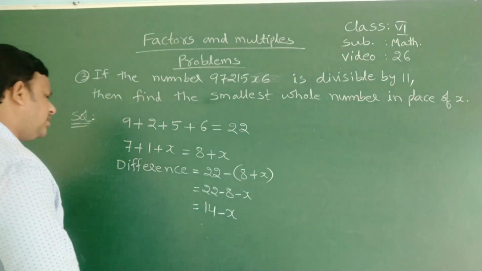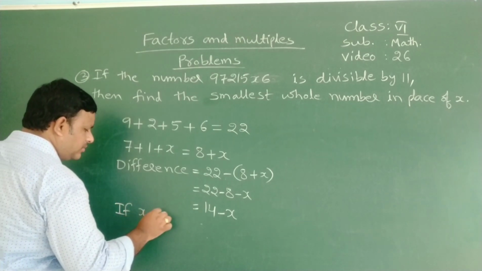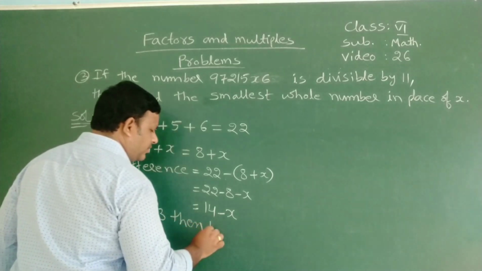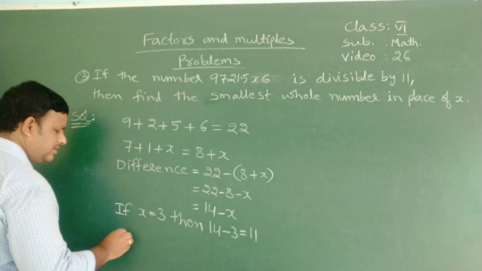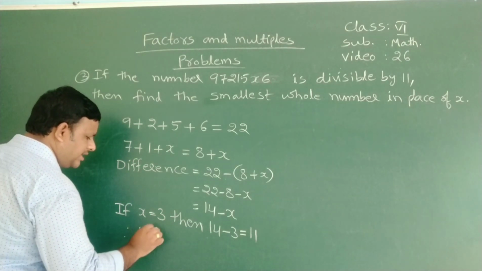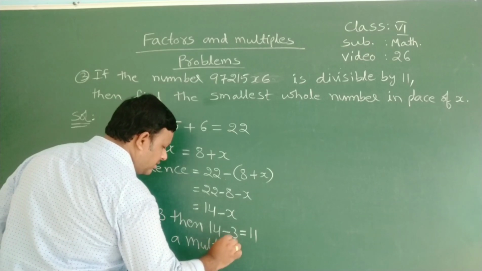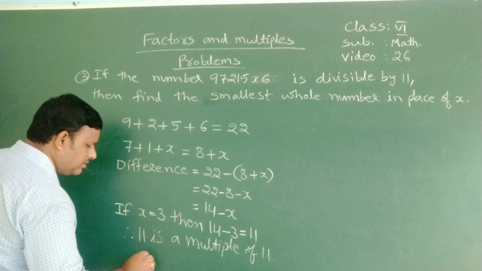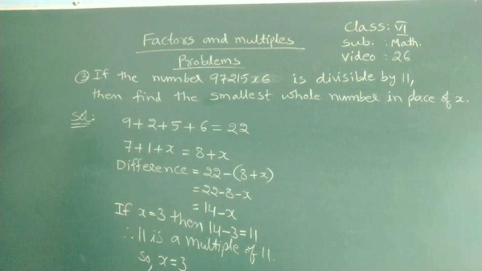That's why if x is equal to 3, then 14 minus 3 is equal to 11. Therefore, 11 is a multiple of 11. So, x value is 3.